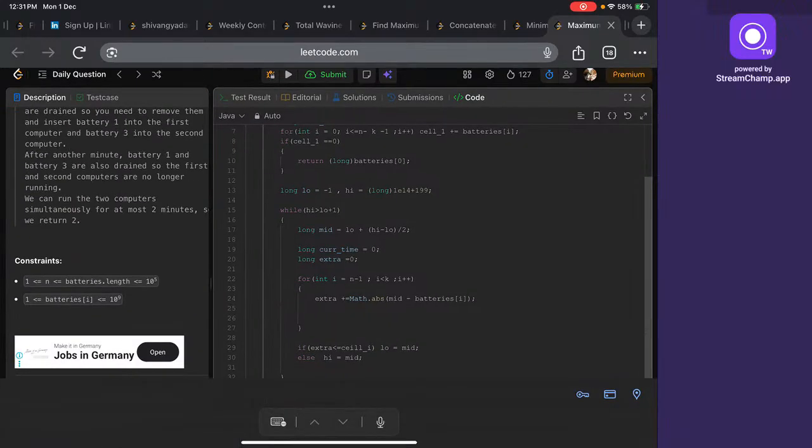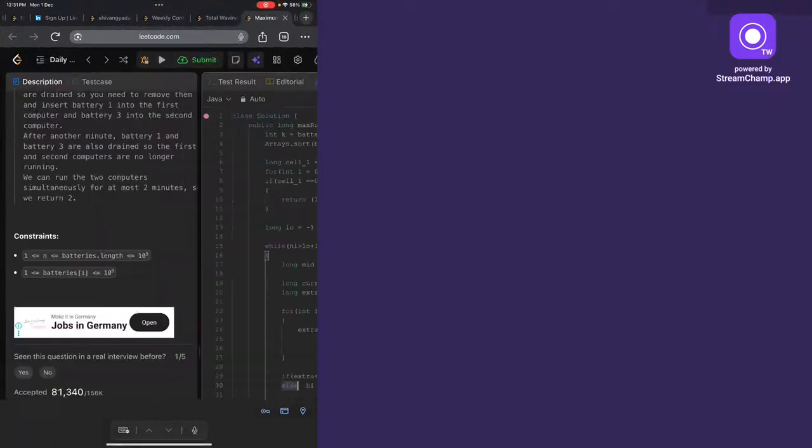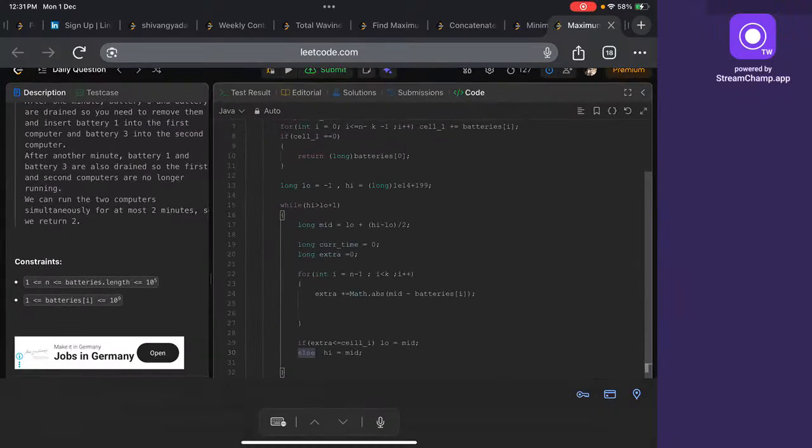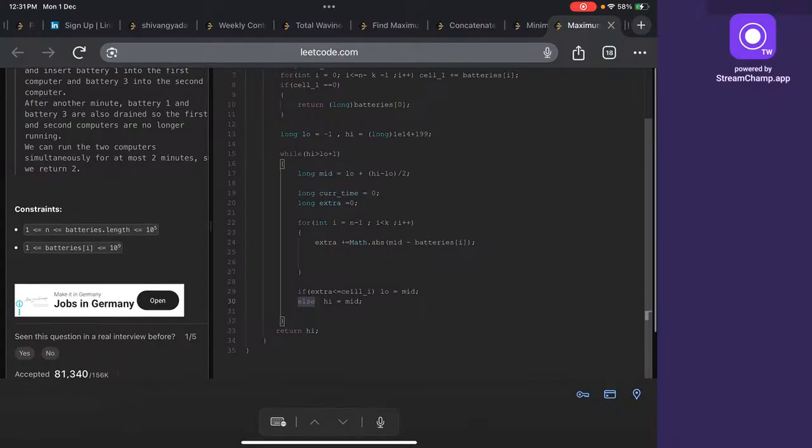We'll make sure we return the low, because we are taking low as our answer.